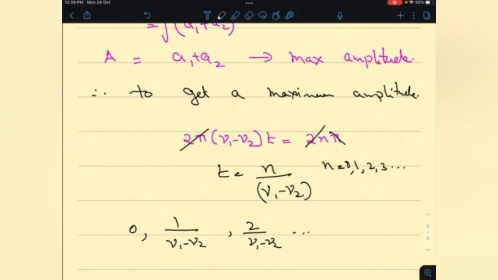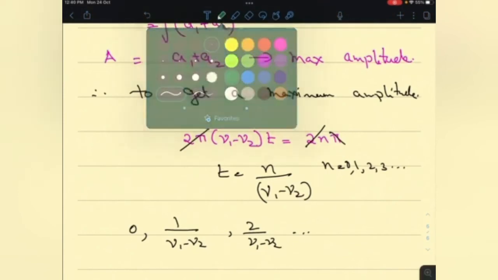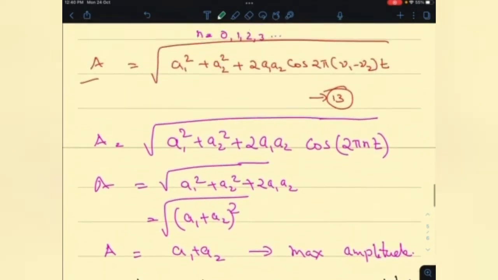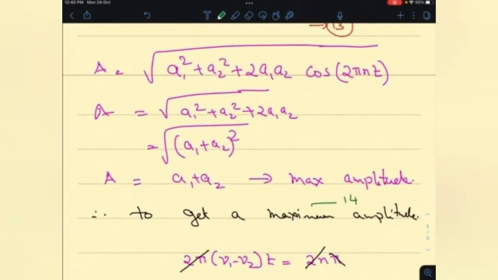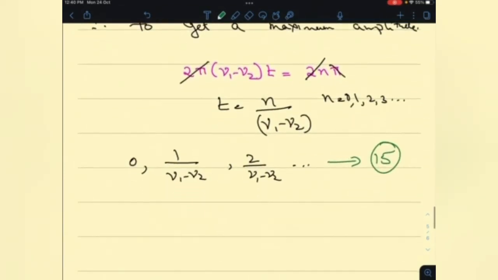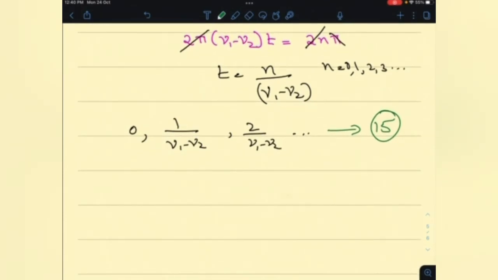This is 15. The next condition is case 2, where we put 2π(ν1 − ν2)t equal to (2k + 1)π. Sorry, we have put it as n, so we'll put it here also as n: (2n + 1)π.